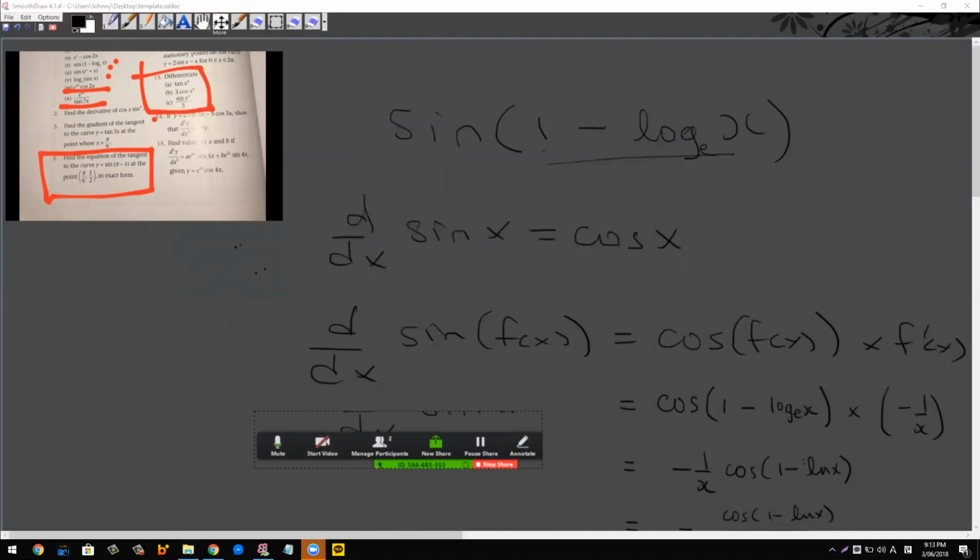Is this the correct answer? I can't write it. Can I just type it? Yeah, I can text, if you want. Okay, so minus cos on x bracket 1 minus log e x.